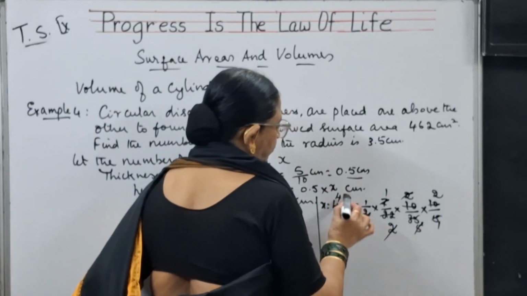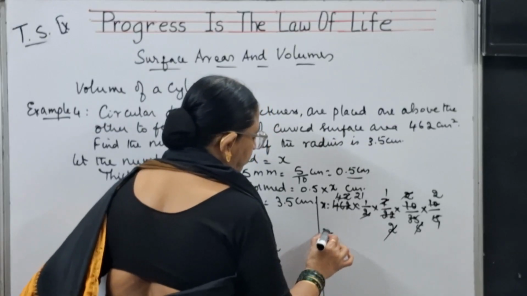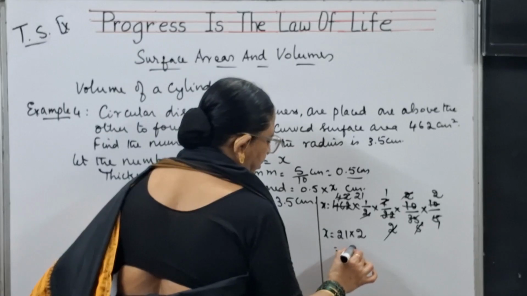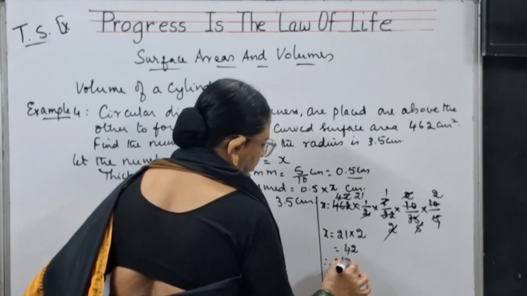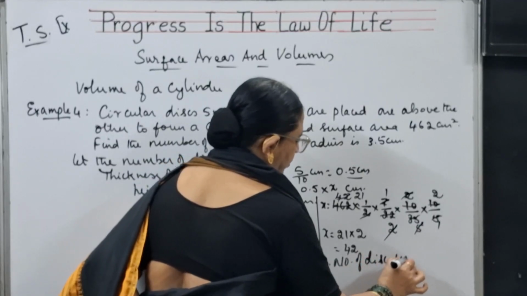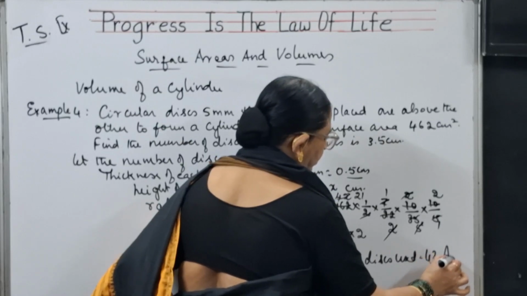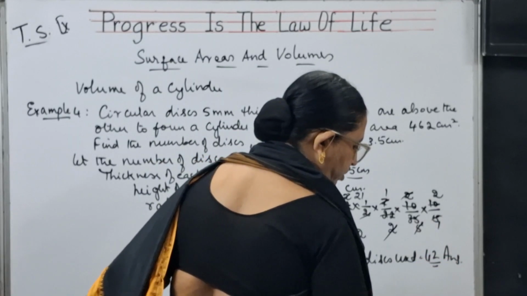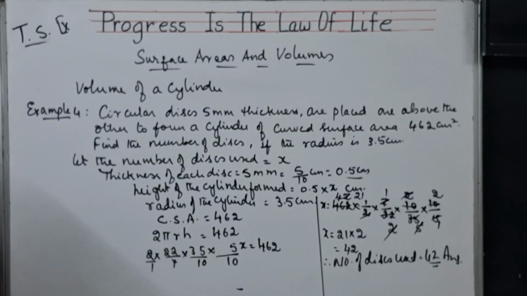Again with 2, 2 ones are 2, 2 twos are 4. So what are you getting? x is equal to 21 into 2, that is nothing but 42. Therefore, number of discs used is equal to 42. This is the answer for this problem, children. Please understand the sum.